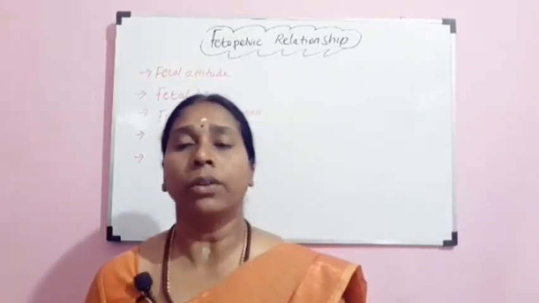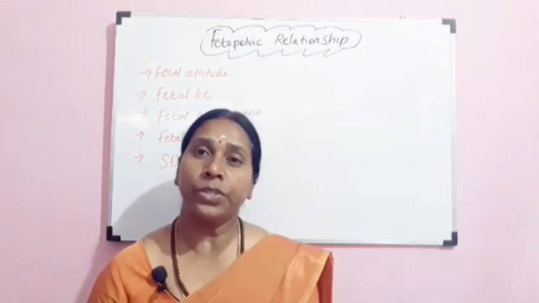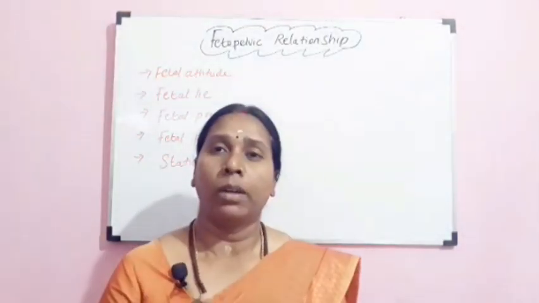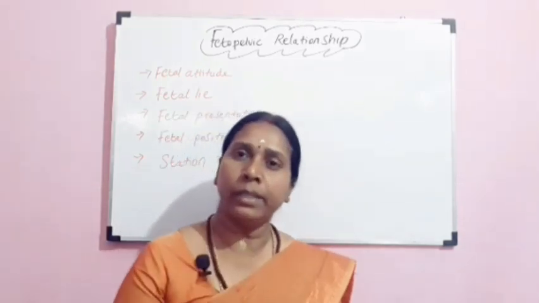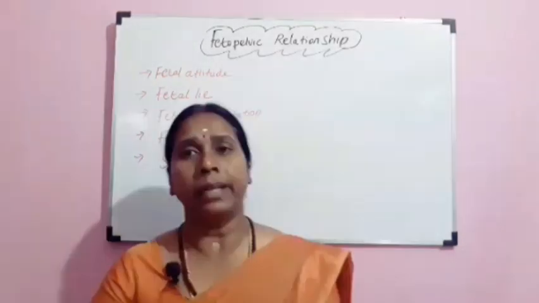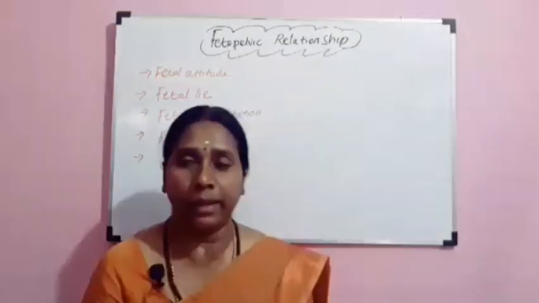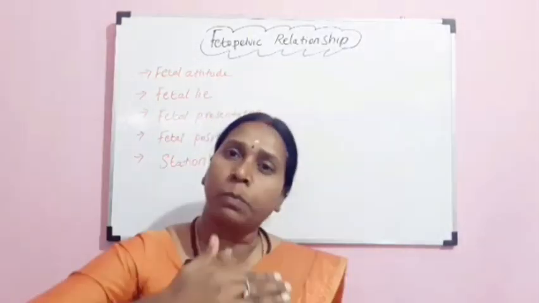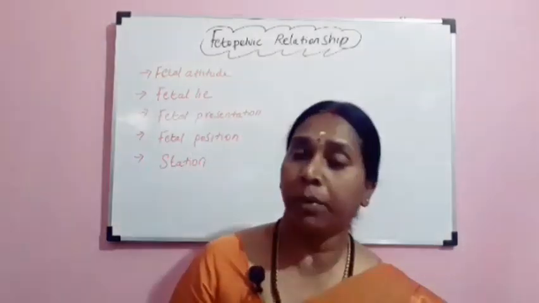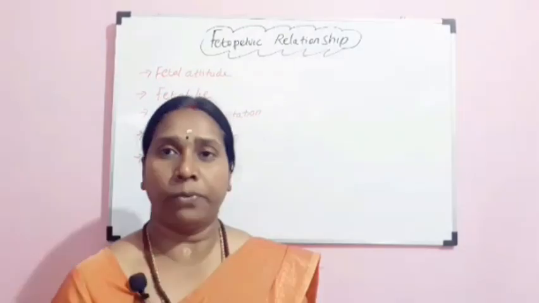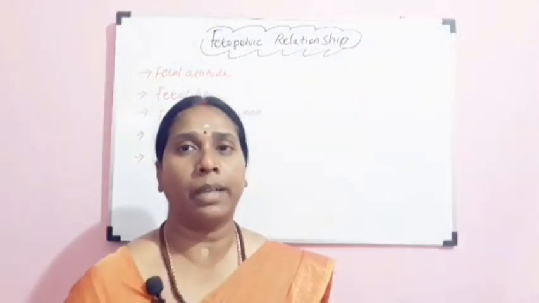Position of the fetus is where you tell the relationship with the four positions of the uterus, that is the anterior, posterior, left side and the right side. So you are going to tell whether the baby is lying on the left side, where the spine of the baby is, whether it is on the left side. So you will say, it is the left side of the baby, left anterior posterior diameter, like that you will be telling.